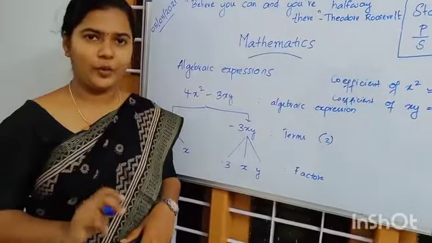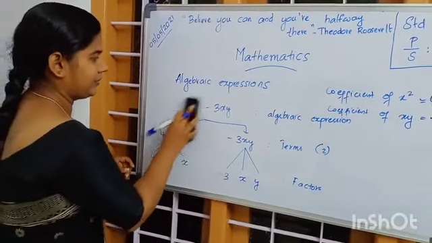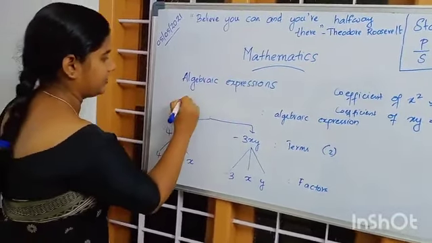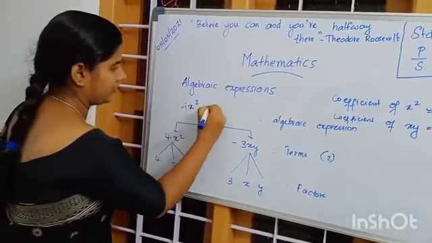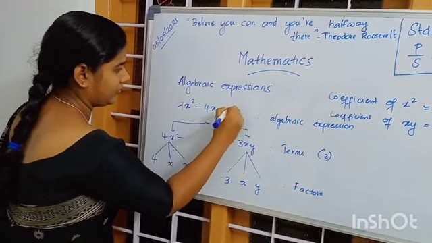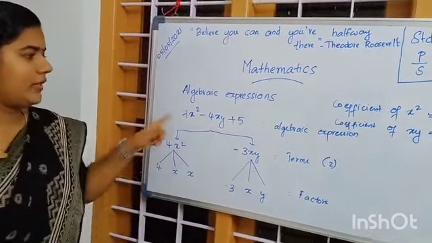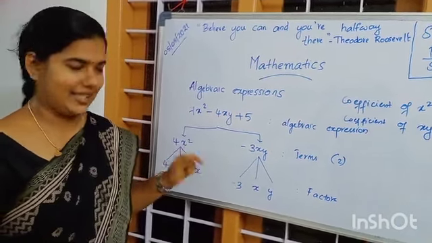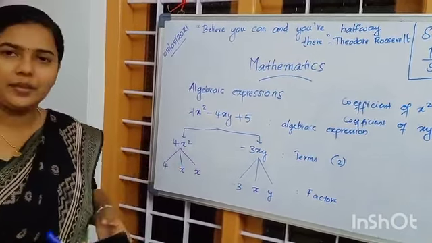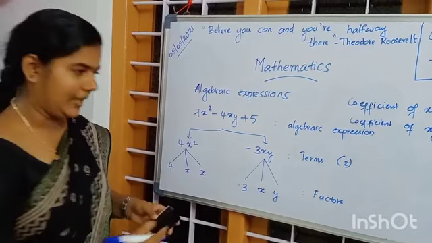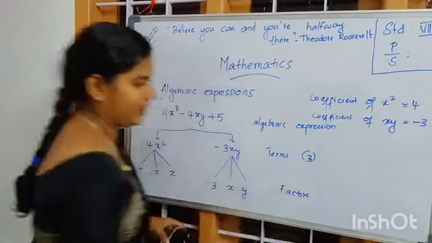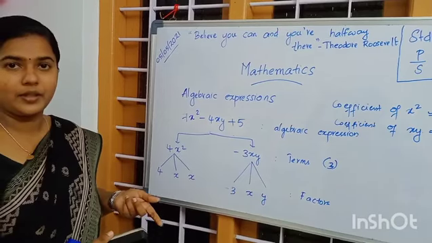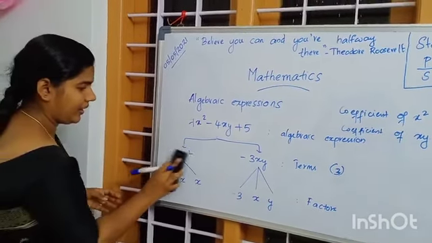Let's discuss one more question. First of all, is it an algebraic expression? Yes, it is. Good. And how many terms are there? Yes, there are 3 terms. And which are the terms? Yes.